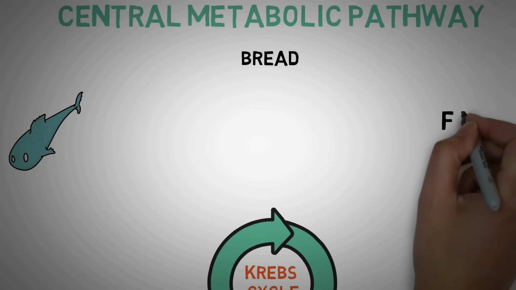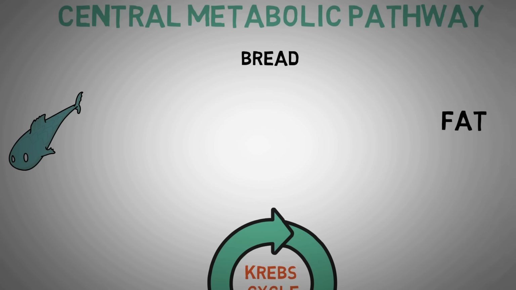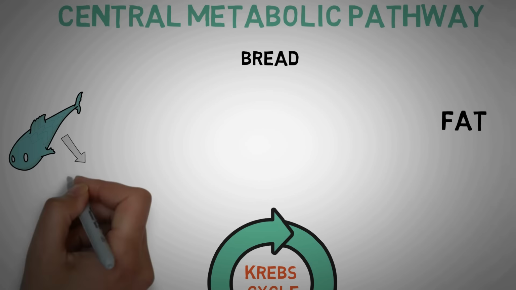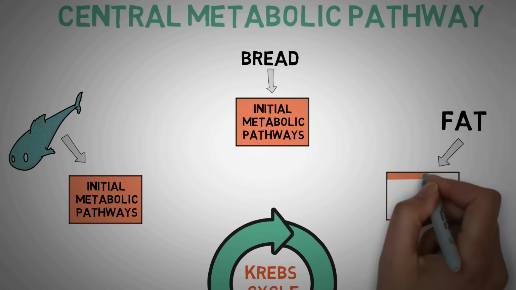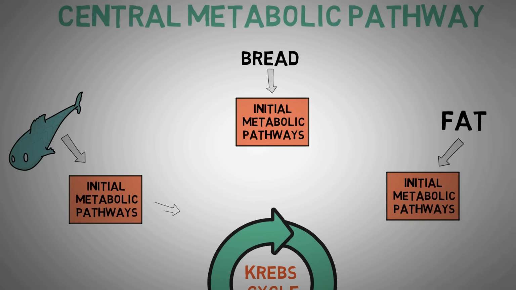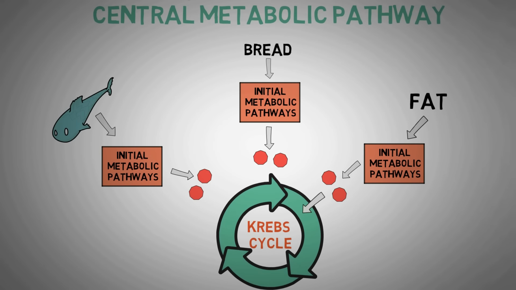Now see, when we eat food, it is digested, absorbed, and is first processed by initial metabolic pathways. These initial metabolic pathways generate some common products that are used by the central pathway, like the Krebs cycle, to produce energy.